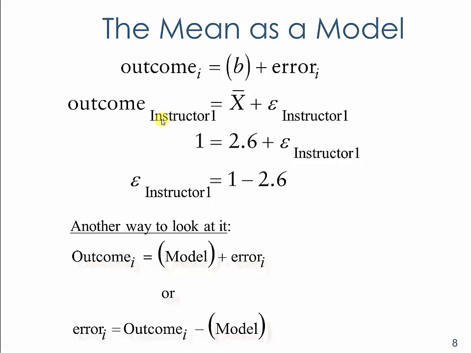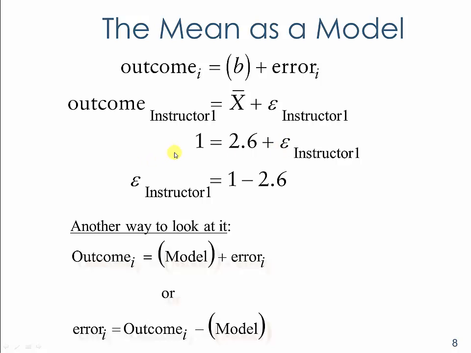Using algebra, we can solve for the error. So here we've put the 1 in place, and we know that our mean was 2.6 that we figured out, and we know that there's some error in there, and that error is associated with instructor 1.